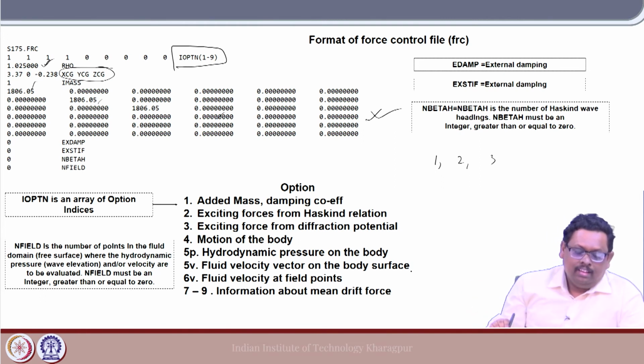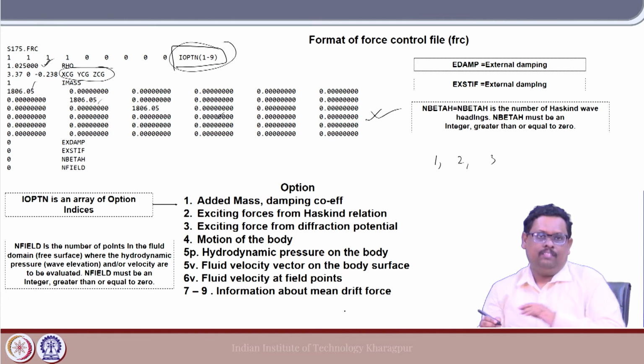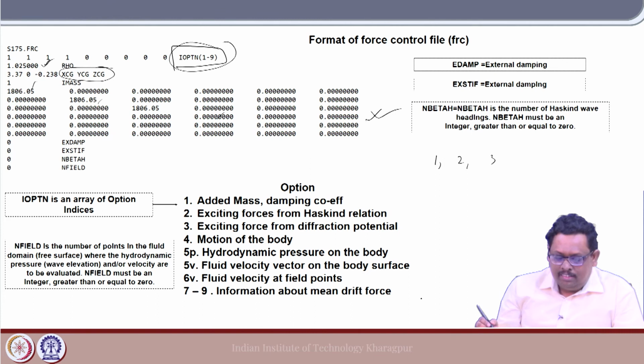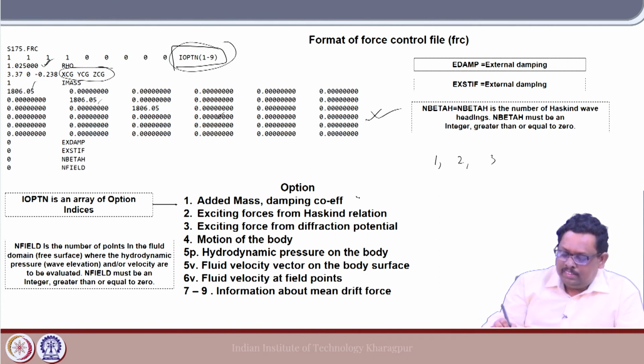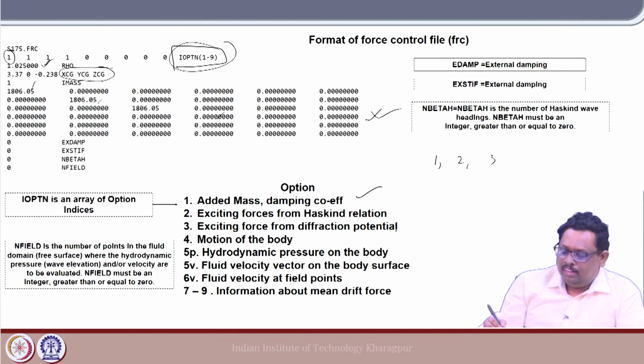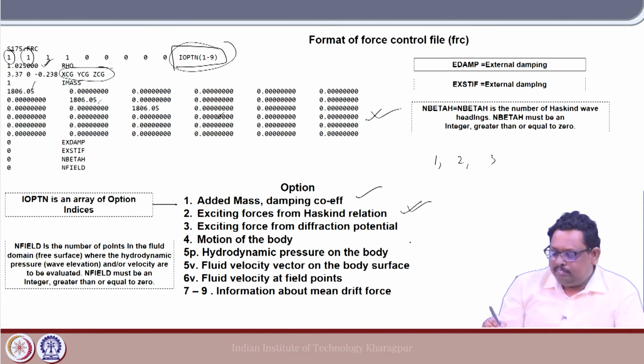Okay. Now, the interesting thing is the options file. So, what is the option? It is actually used for your output: what output you actually want from WAMIT. If you want the added mass and damping, I make it 1. If I want the exciting force from the Haskind relation, I make that option 1.